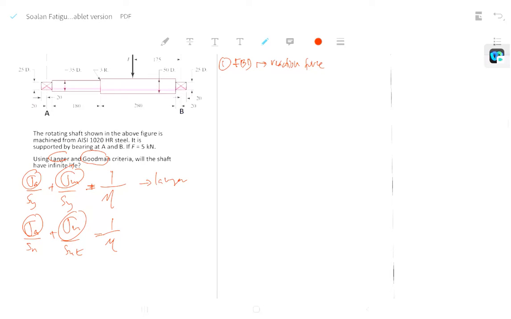Very simple, direct free body diagram. You could draw the free body diagram like this. This is RA, this is RB, this is the force F, 5,000 Newton.